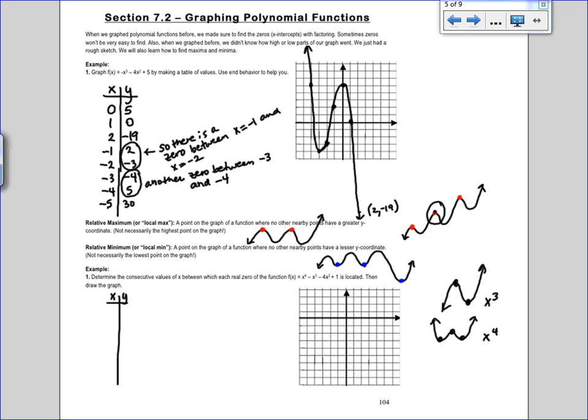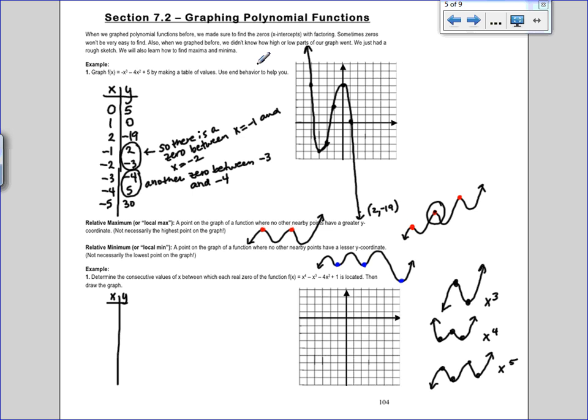An x to the 5th looks like that, with 4. So whatever degree we have, the number of bumps or valleys is one less than the degree. That's how I knew in number 1 that I was done with this graph, because I had a valley and a hill, and that was the most I could have with an x cubed function.